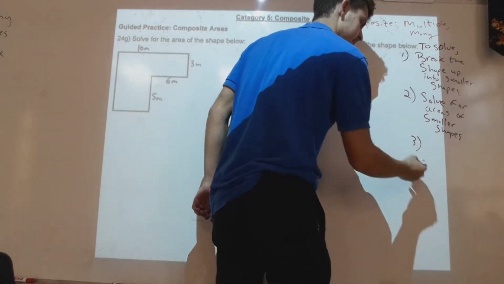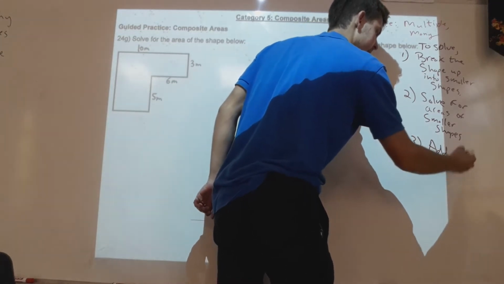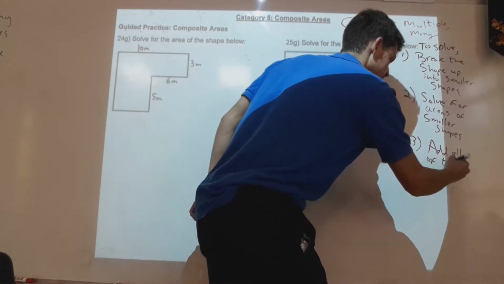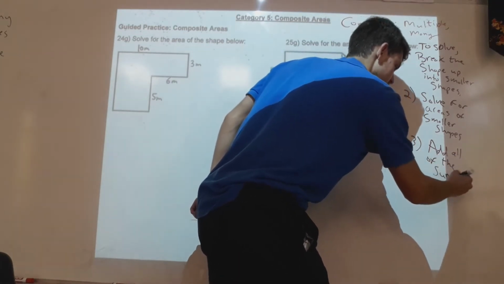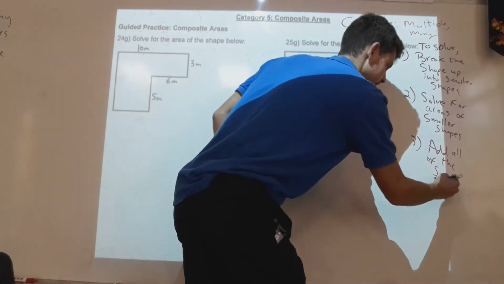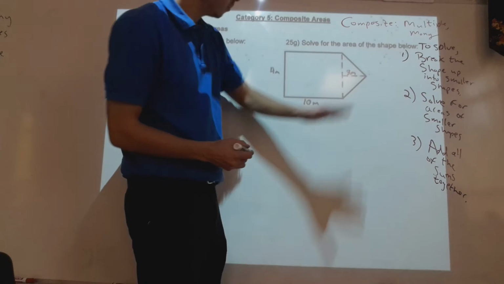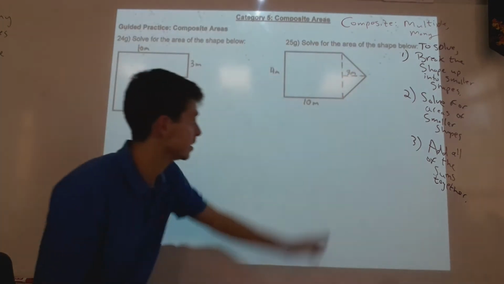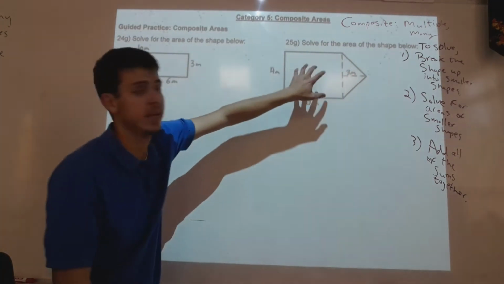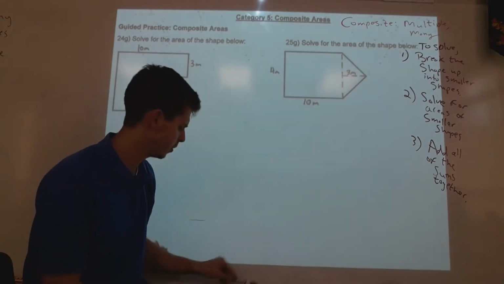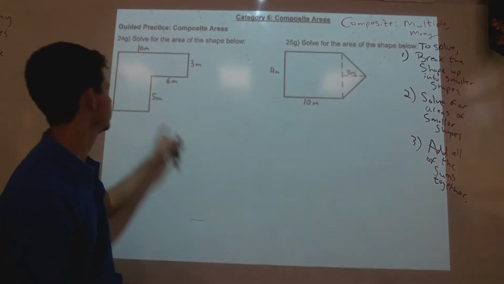And then 3, add all of the sums together. Now, I'm referencing this example here because this is obviously a triangle and then a rectangle. So we figured out the area of both, and then we're going to add them up together once we solve both. Let's go ahead and start this shape here, though.